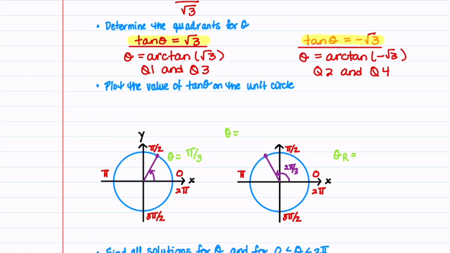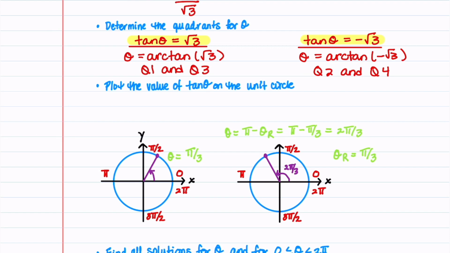Let's now look at our equation with a negative constant. We'll remind ourselves that our reference angle is pi over 3. Our solution is going to be in the second quadrant, and theta there is equal to pi minus our reference angle. So this is pi minus pi over 3, which gives us 2 pi over 3.